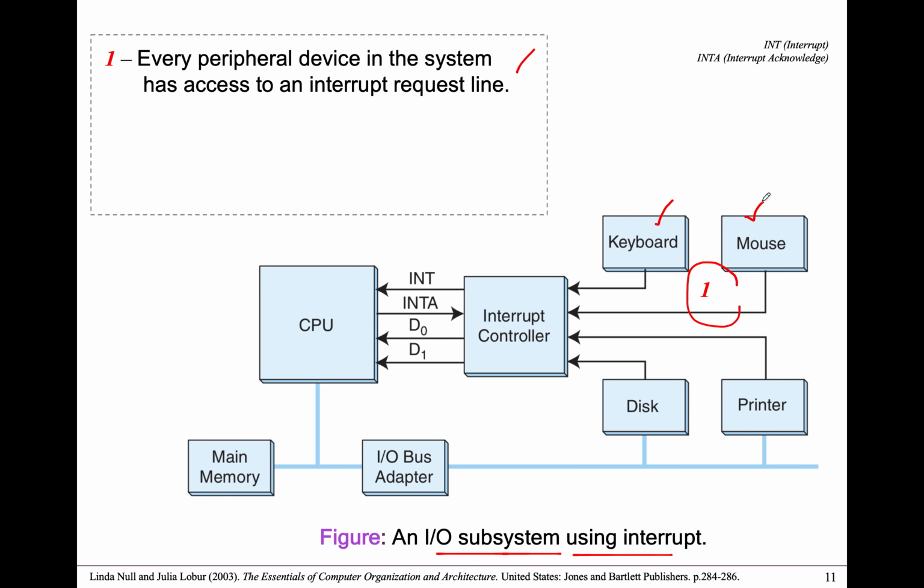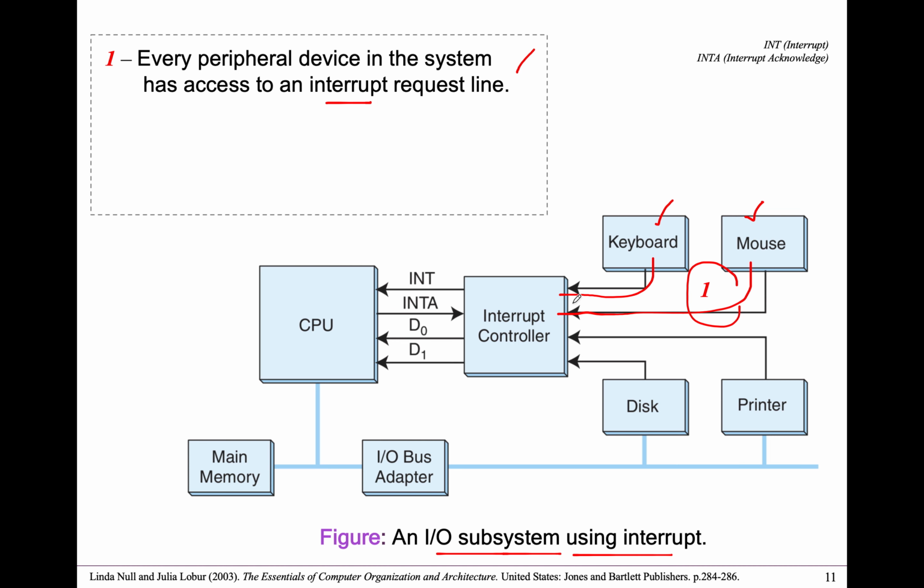So you're going to see that each peripheral device in the system has access to an interrupt request line. So you're going to interrupt. Maybe your keyboard is typing something, Control X, which interrupts the program.